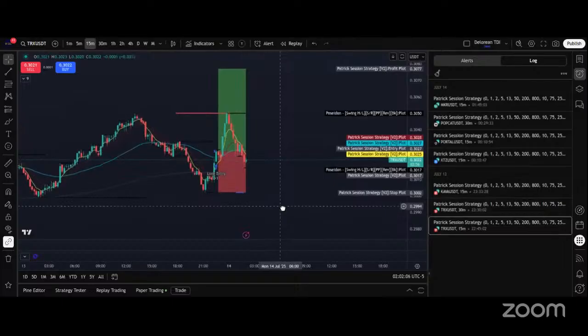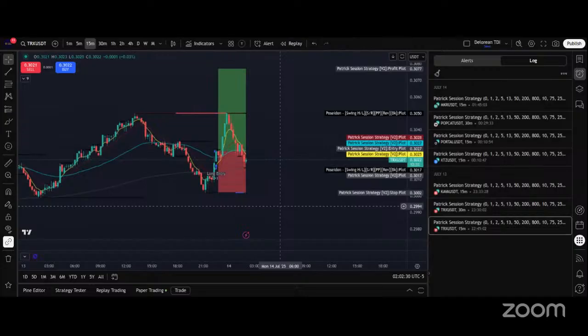Now, what you're going to notice on each one of these charts is a number of colored lines. These are exponential moving averages. An exponential moving average is a graphical representation of the average of the last certain number of candles. In our case, the yellow line is the 5 exponential moving average.